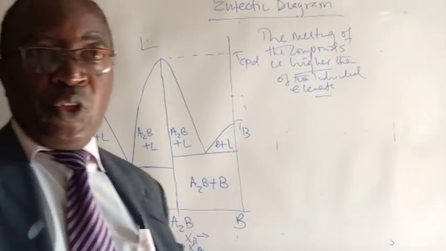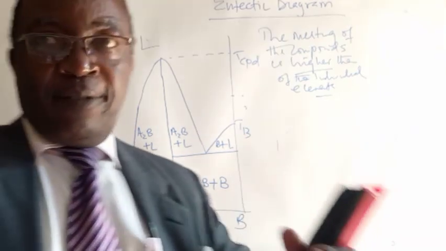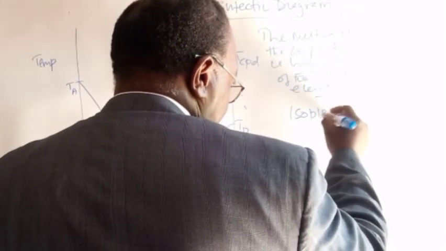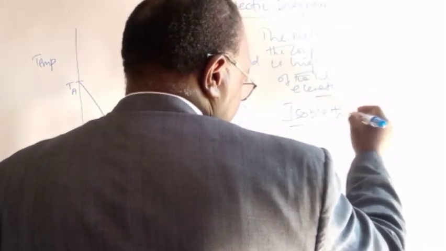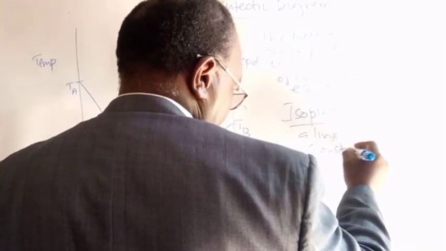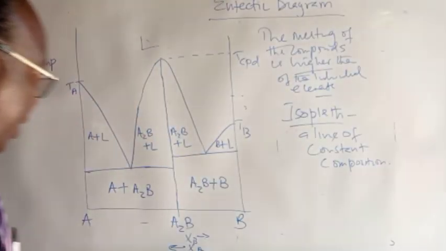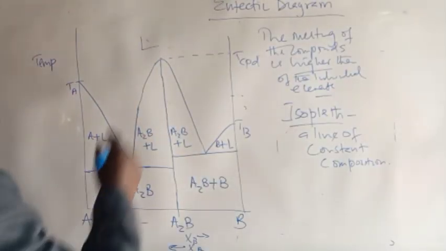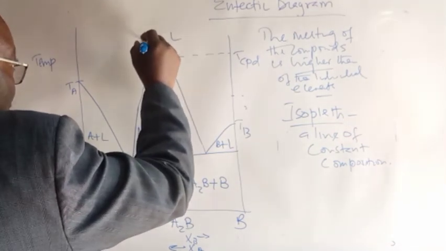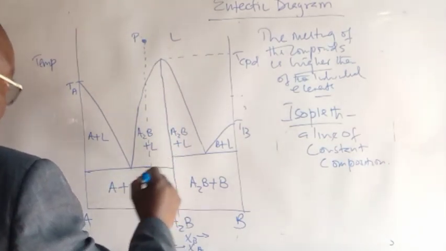Now, suppose we take some isopleth. What is an isopleth? A line of constant composition, and we follow the profile. So let's take a state point, let's call it state point P, and we want to follow the behavior of this isopleth.